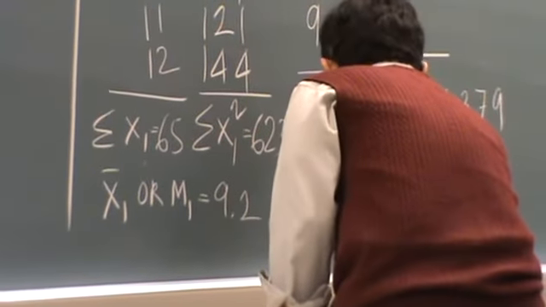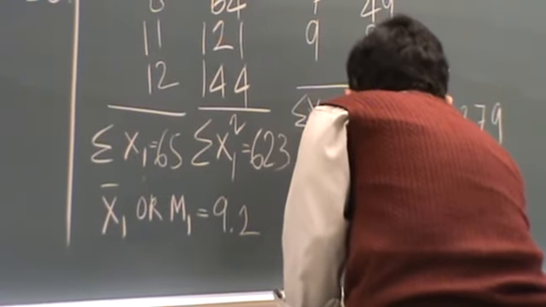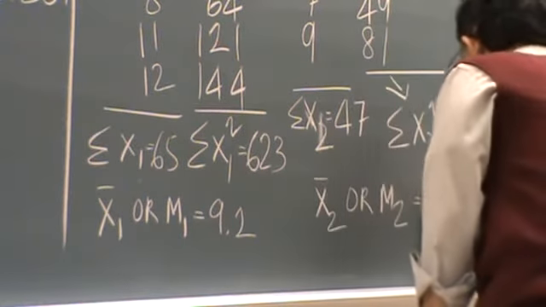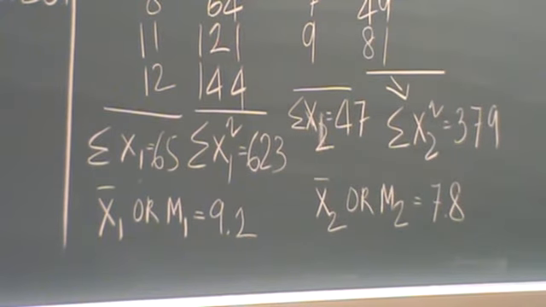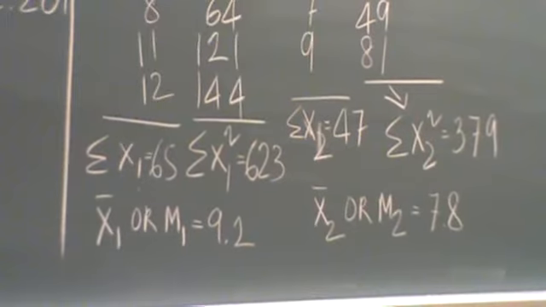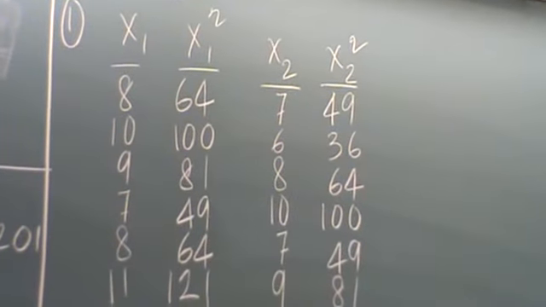And this one will be M2 equal 7.8. Just by looking at these values, M1 and M2, you can just see that they are not equal, that's for sure. But we have to prove that they are not equal statistically, and that's why we do all these calculations.